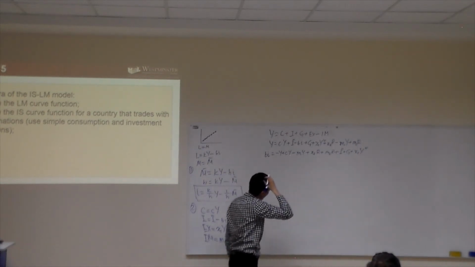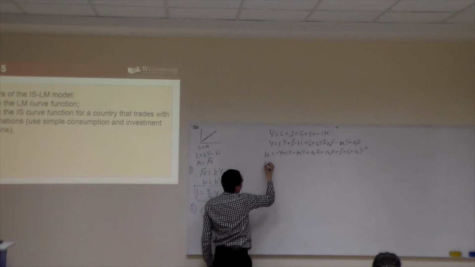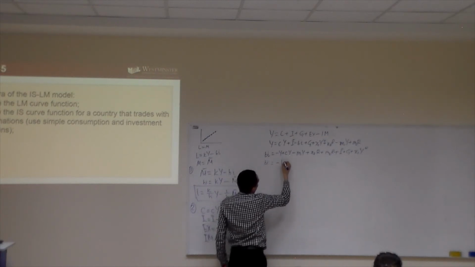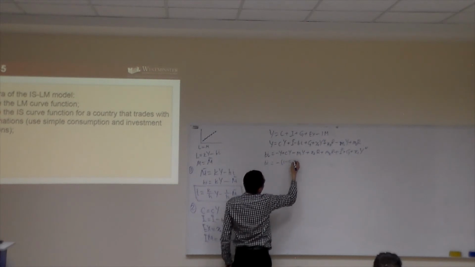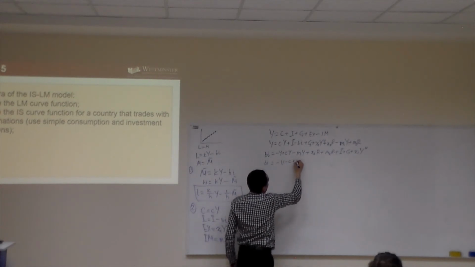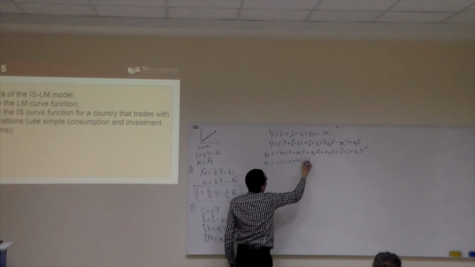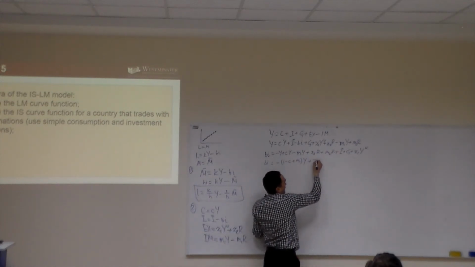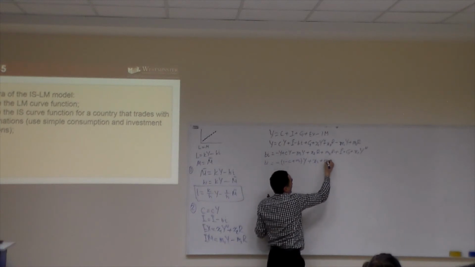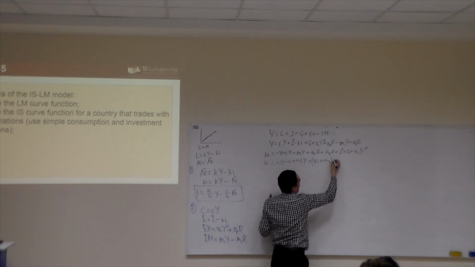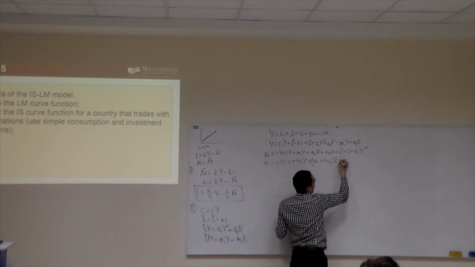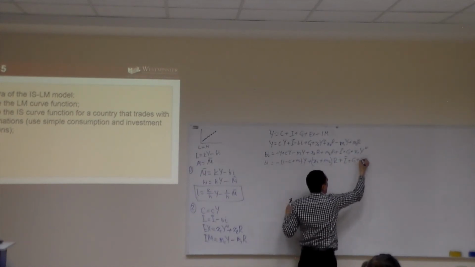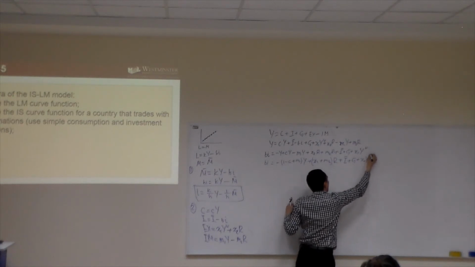Or we can write it as BI is equal to minus 1 minus C plus M1 times Y, plus X2 plus M2 times real exchange rate plus autonomous investment, government spending plus world output.